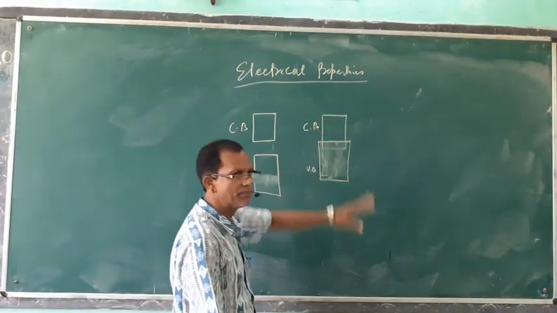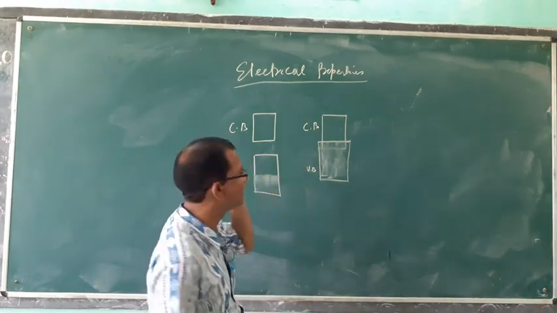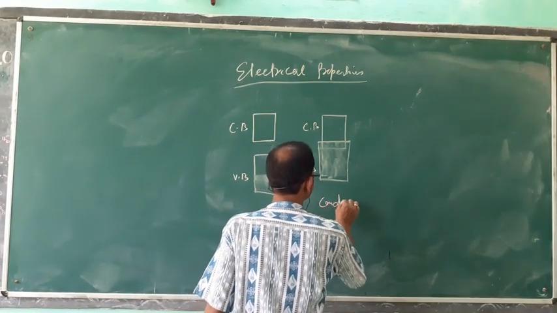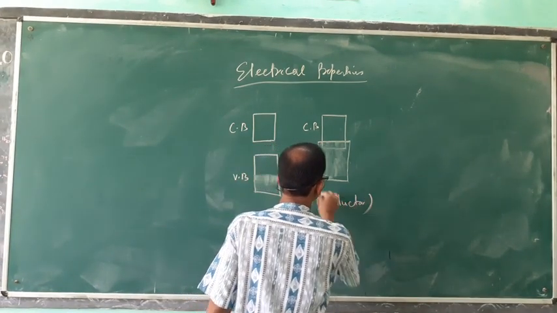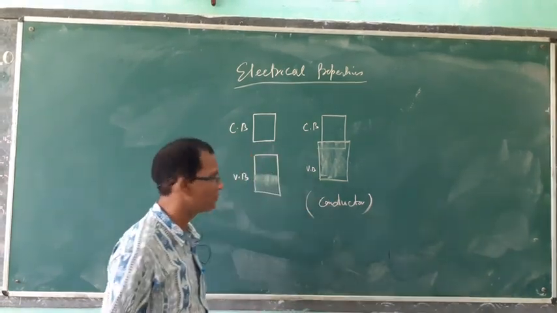Easily shifting means this type of material is called a conductor, because an electron can be easily transferred.